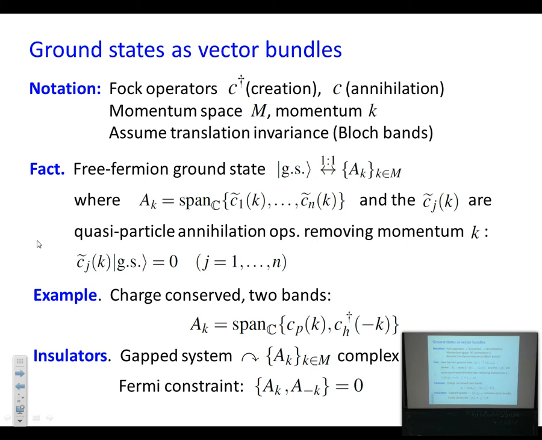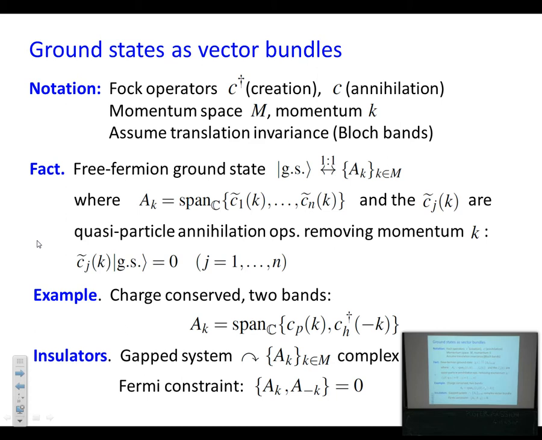Conduction bands, by definition, are empty in the ground state. So when we apply the standard annihilation operator, we get 0. There's no particle to annihilate. The valence states are filled. This is sort of a Fermi sea, filling the states up to the Fermi energy. The valence states are filled.